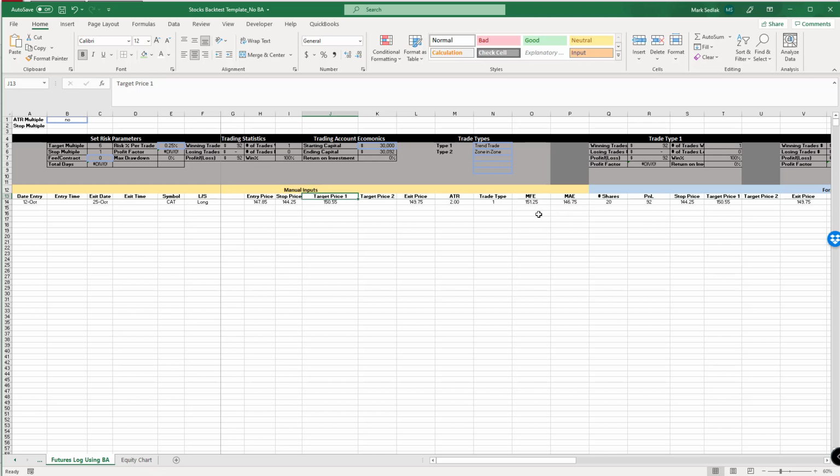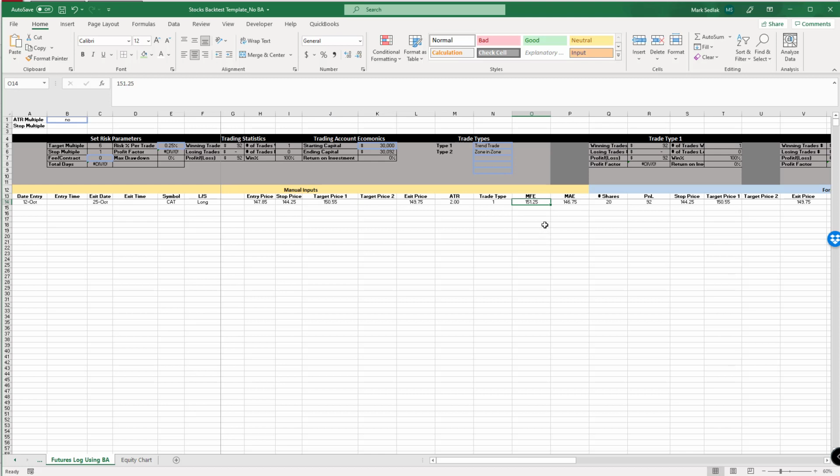The MFE. This stands for maximum favorable excursion. What that means is how far does the trade go in your favor before you would have been out of the trade. Now, there's a little bit of subjectivity to this, especially if you don't trail your stop. But basically think about it like this. If I exit the trade at 150.55, let's say this stock goes to 160.